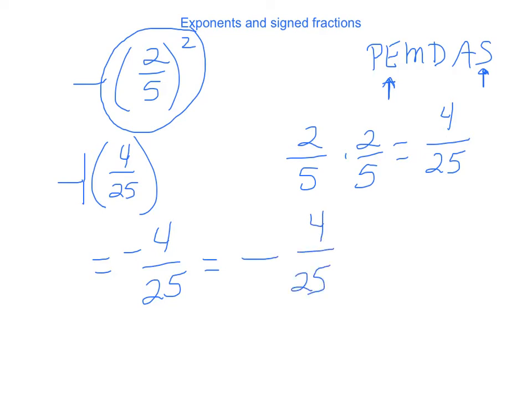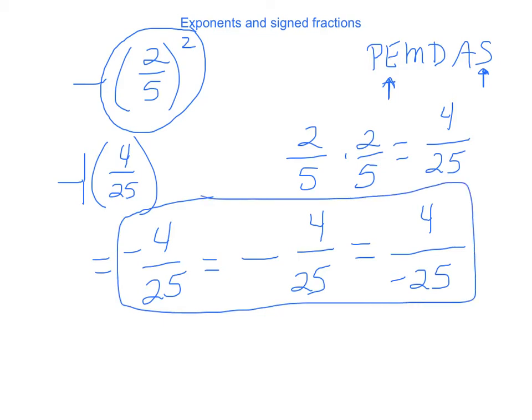And if you want to get really snazzy, you could also write it like this. These 3 things are exactly equal. What wouldn't be equal is if you do this. That is not equal. A negative over a negative would cancel out anyways, and it would be positive. So any of these 3 ways is a-okay.